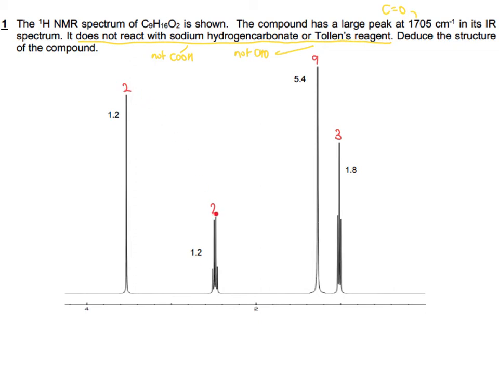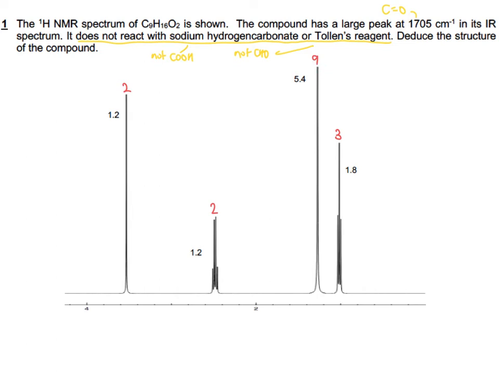So I've got 2 plus 2 is 4, plus 9 is 13, plus 3 is 16. I would then refer back to the original molecular formula and check that that is the same number of hydrogens. So I got 16. There are 16 hydrogens. That means there are definitely 2 hydrogens in this environment, 2 in this, 9 in this, 3 in this.